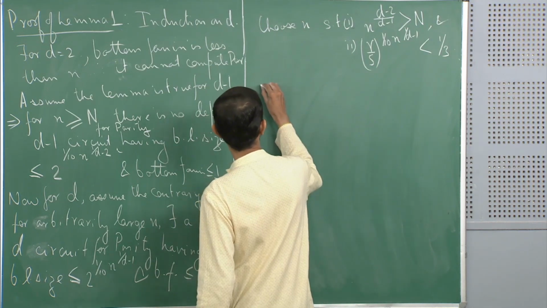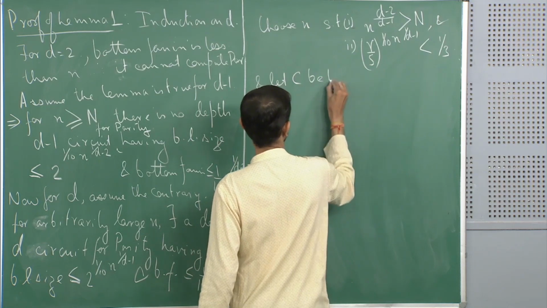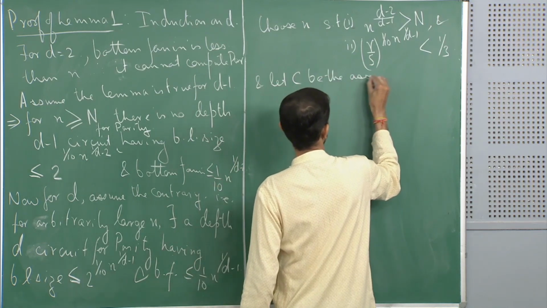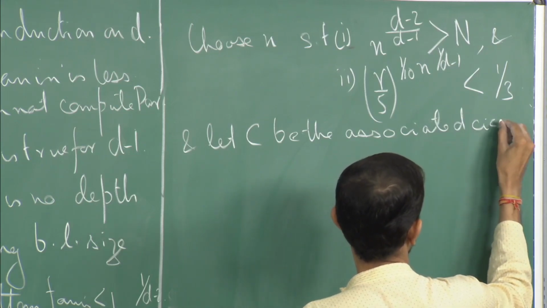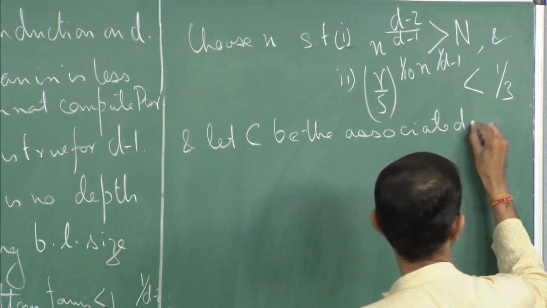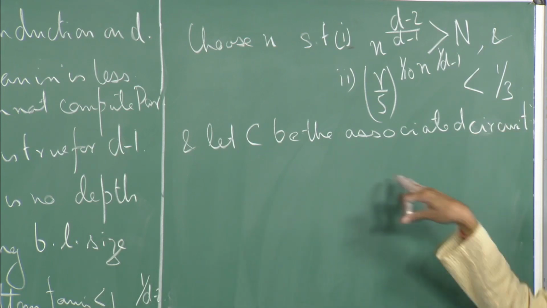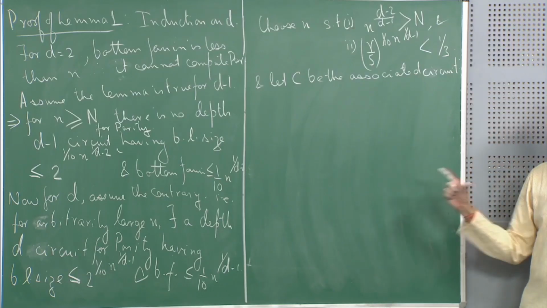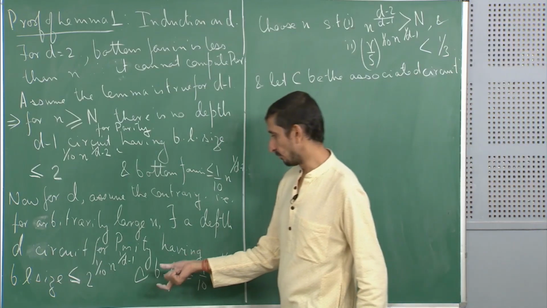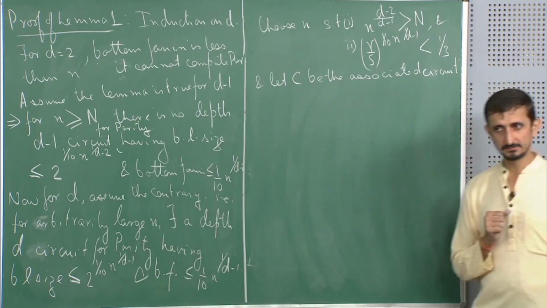And let C be the associated circuit. So, for that value of n and for depth D, let C be that particular circuit which has bottom fan-in at most this and top size at most this.